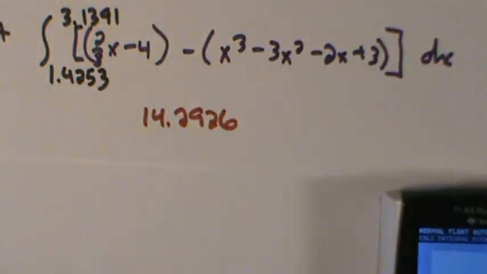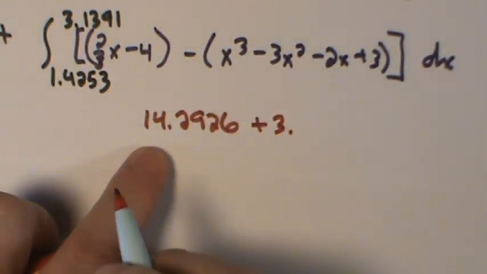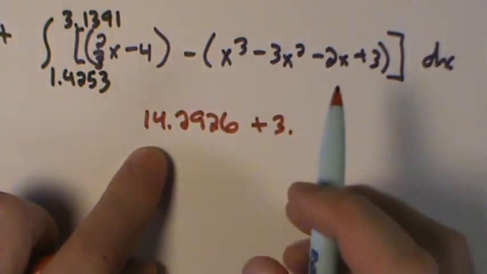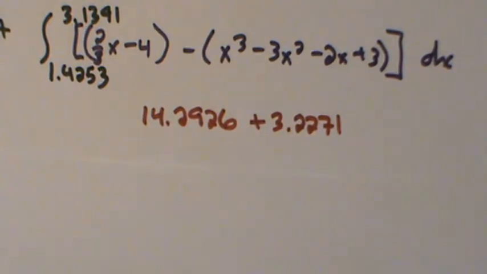And so I can just type that right in there and say plus 3.2271. And of course the last step would simply be to add those two values. So I'll go home on my calculator. 14.2926 plus 3.2271.